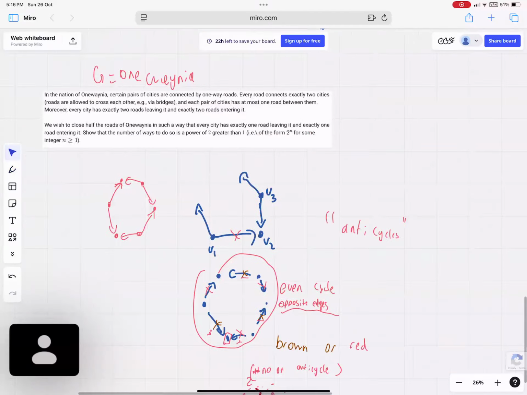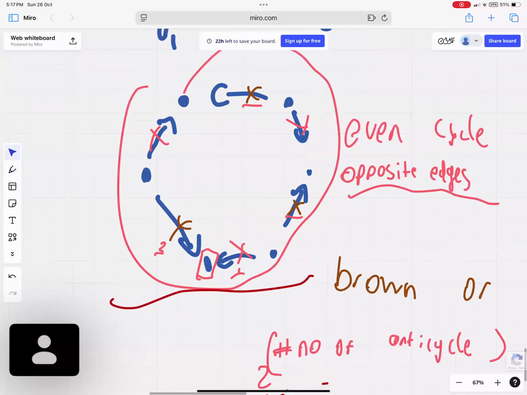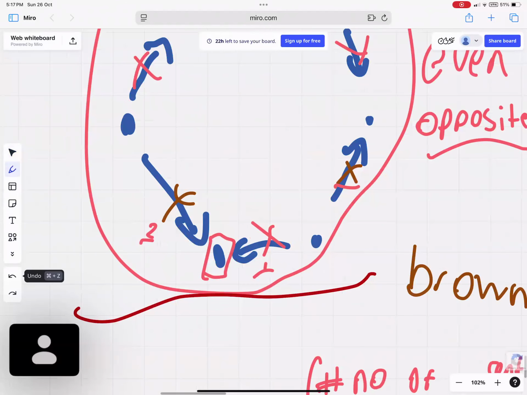Okay, so does this solution make sense? What we did is we broke it down into these anticycles. Each has two ways of edges being deleted. So we're done. But why do the anticycles have to be disjoint? They're not disjoint. The edges of the anticycle are disjoint. But how have we shown that the edges are disjoint? Because say we have this vertex, it has a degree of 2.